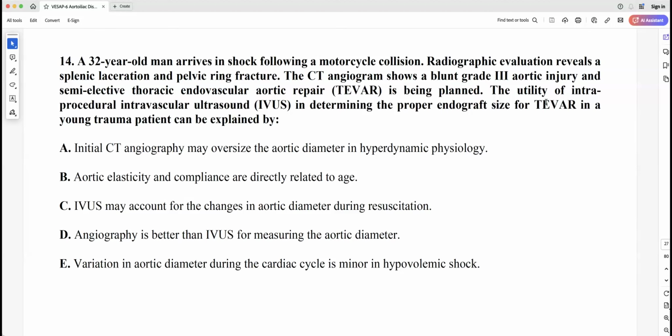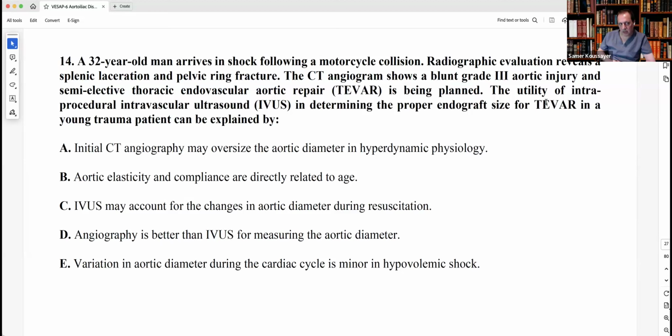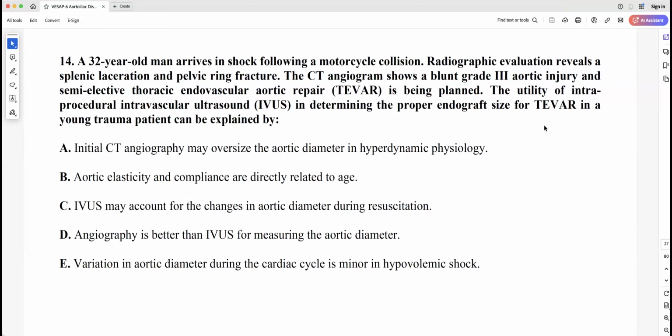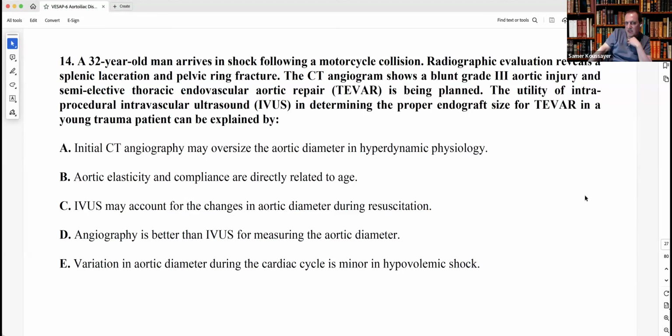Yeah. We're going to talk about it. Why do you need to use an IVUS with this kind of patient? Because an under-resuscitated, under-volume patient will have smaller diameters. This is correct. So all these patients, when they come, they already have hematoma, pelvic fracture, splenic laceration, pelvic ring fracture. So he wanted to tell you he's hypotensive when he did the CAT scan, okay?